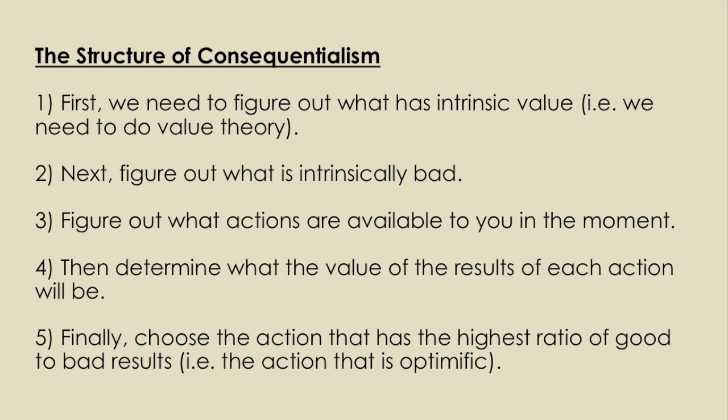In other words, we need to do value theory, because consequentialism doesn't tell us what feature of the consequences of our actions matters. It just tells us we should be looking at the consequences of our actions. But it doesn't tell us which feature of those consequences is the one that is morally relevant. So, if, for example, we figure out that happiness has intrinsic value, then consequentialism will tell us that the optimific course of action is the one that maximizes happiness.